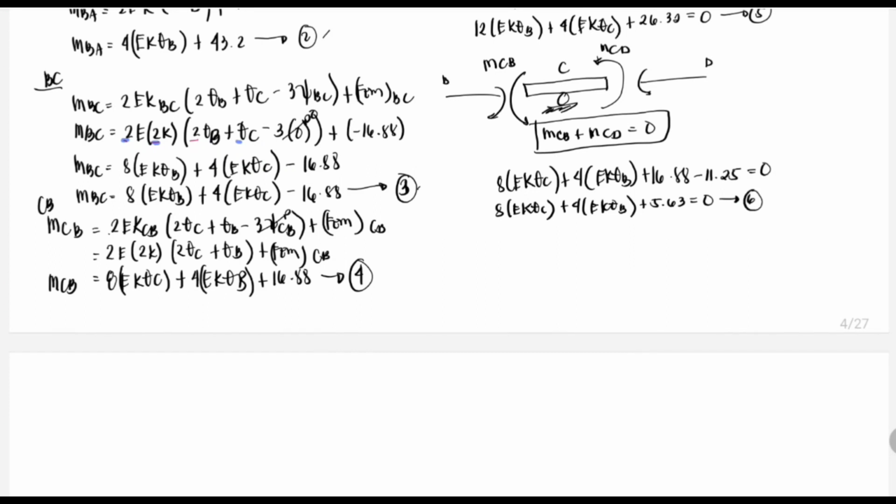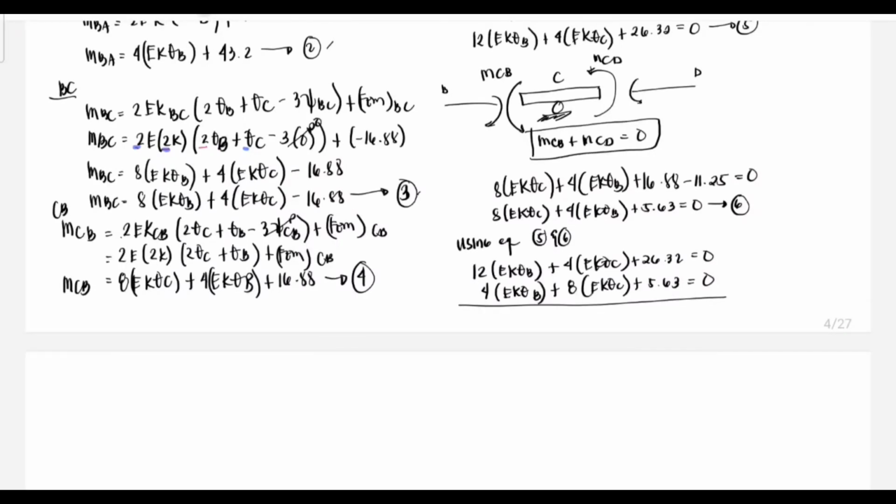Ngayon naman po, since may mga equations na tayo, pwede na natin yan gamitin as your equations for 5 and 6, equate na lang natin. Using 5 and 6, okay? So, isulat ko rito using equation 5 and 6. So, we have 12 EK theta B plus 4 EK theta C plus 26.32 equal to 0. And then we have, unahin natin yung 4.